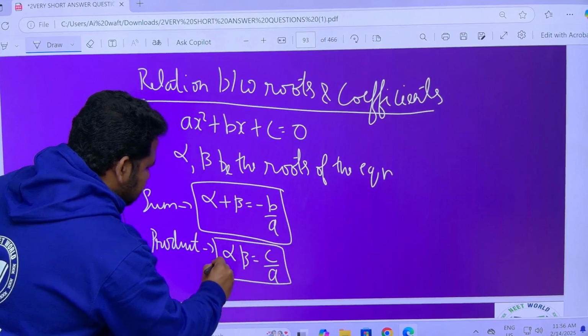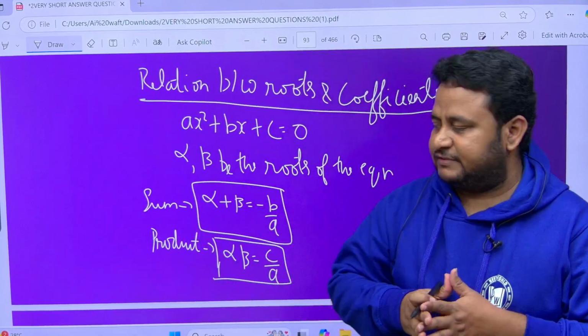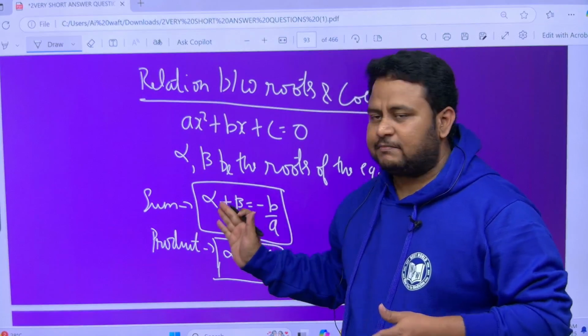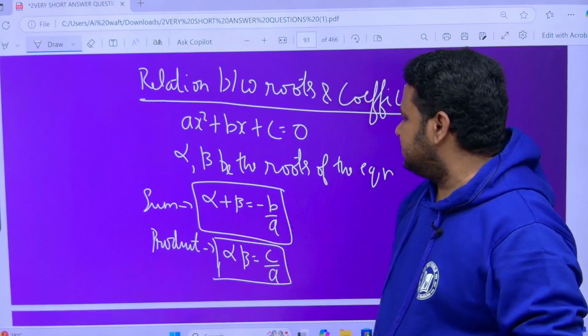For a quadratic expression, if alpha and beta are roots, then the sum of the roots is alpha plus beta equal to minus b by a, and the product of the roots, alpha into beta, is equal to c by a.